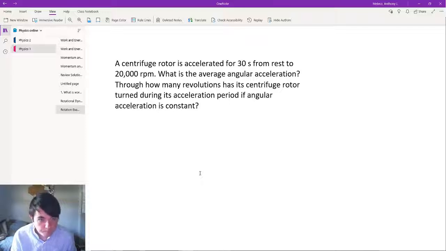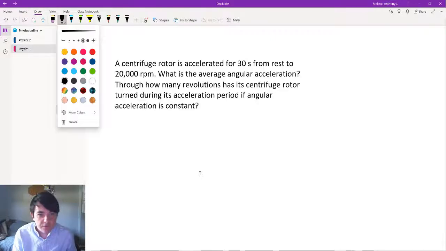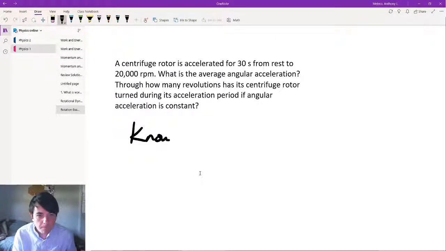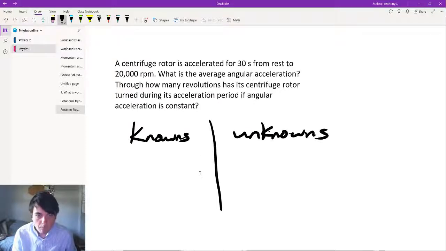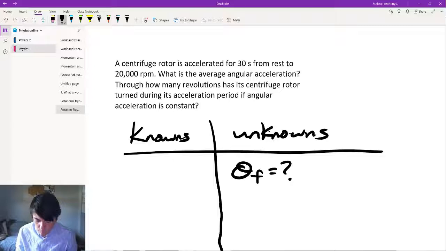To deal with the frequency, first things first, let's do our knowns and unknowns. Starting with angular position, we don't know how many revolutions, so we don't know that guy. We do know the initial position, as always.